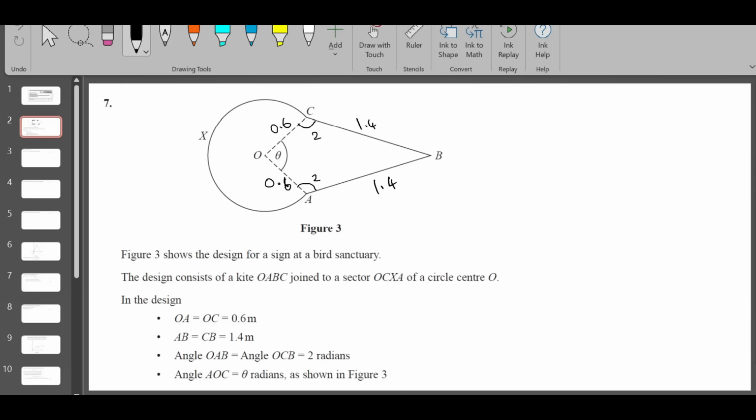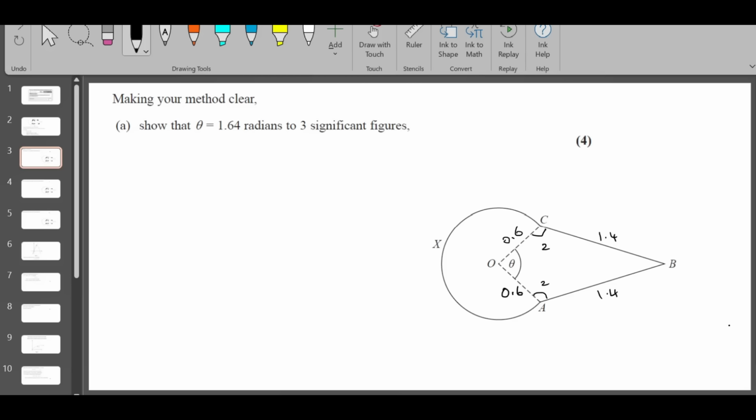This is also 2 radians. And angle AOC is theta radians. The design consists of a kite OABC. This is a kite. And then a sector OCX.